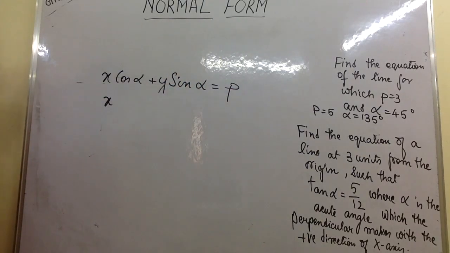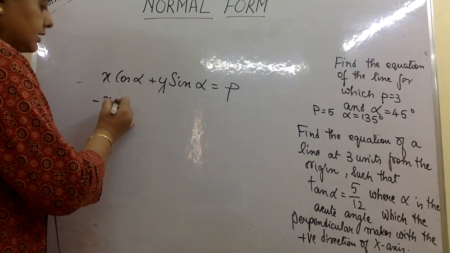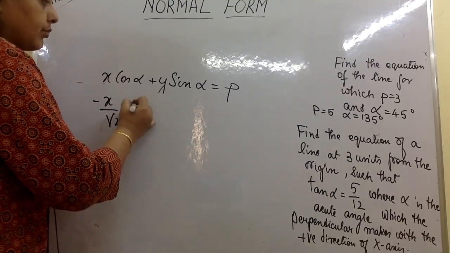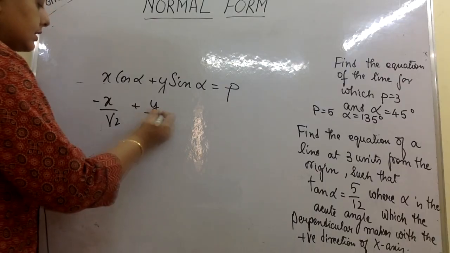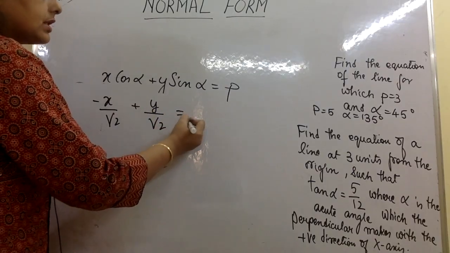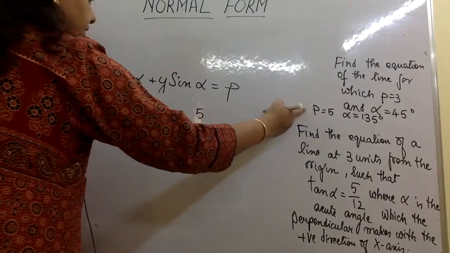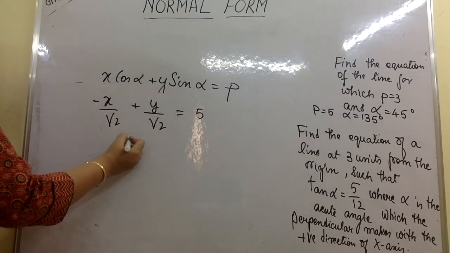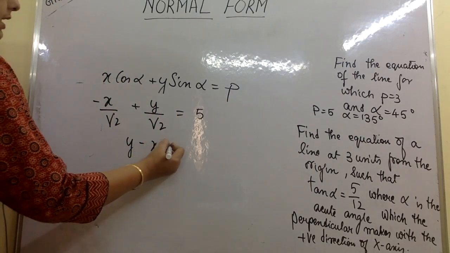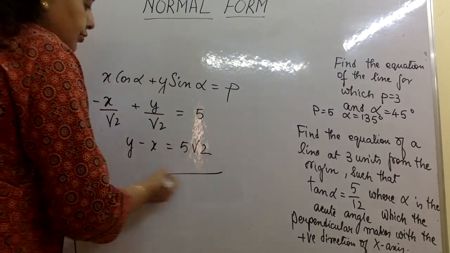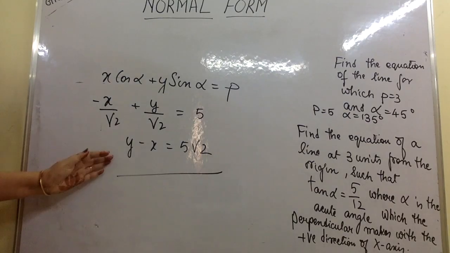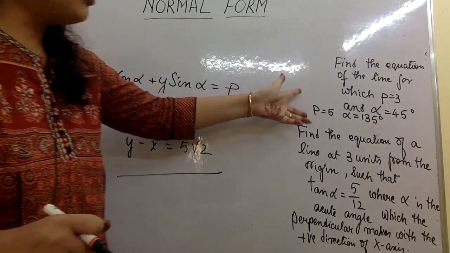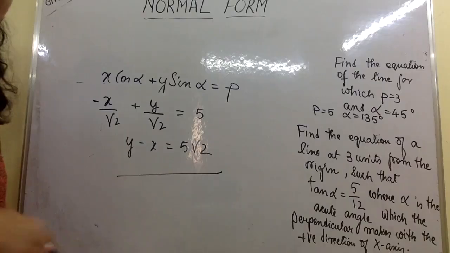Now cos 135 is minus 1 by root 2, plus y sin 135, that is 1 by root 2, which is equal to 5 because p is 5. So here it becomes y minus x is equal to 5 root 2 is the equation of the line. So I just did it for 2 different values of p and alpha.